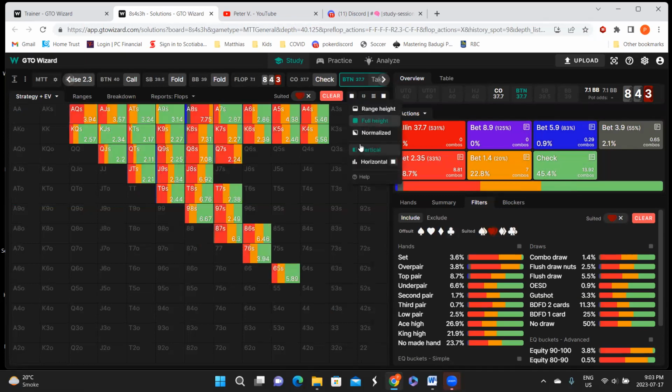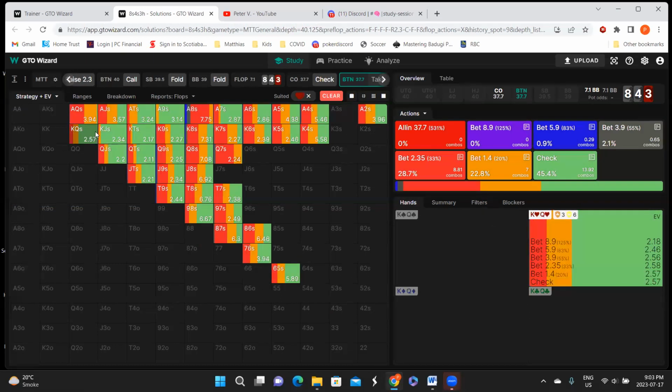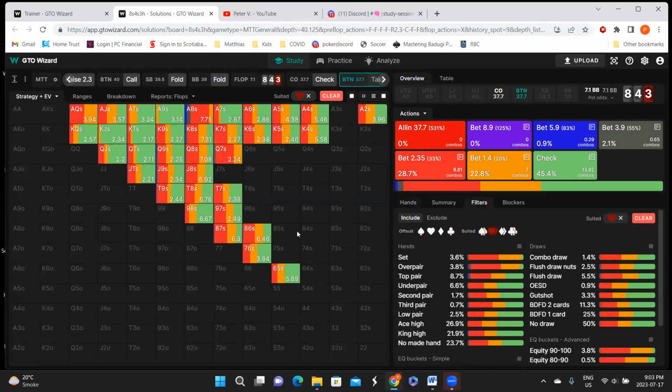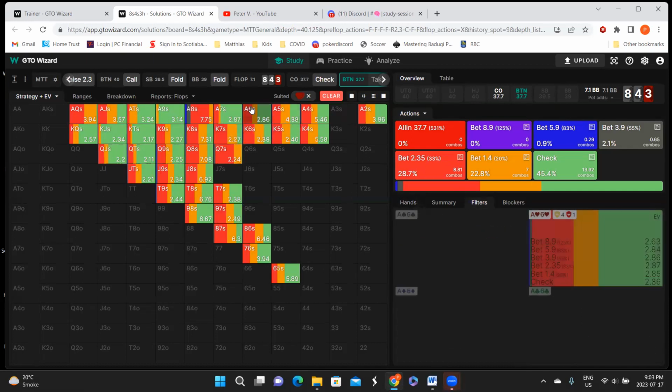And we'll put it at full height to make it a little easier to see. It wants to check back these best ones here a lot. Right? It wants to bet when you have an 8. Wants to bet your 7s, your 6s, your 5s, your 4s. So these ones all have better equity, right?